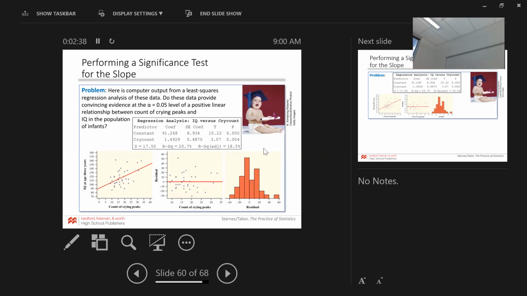What's the line of best fit? Take a moment and identify the line of best fit. IQ is the output. IQ equals what? What's the intercept?